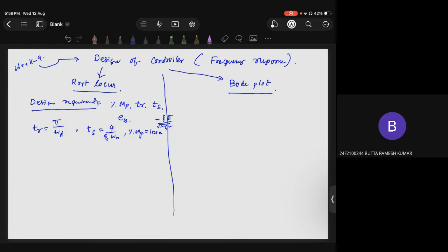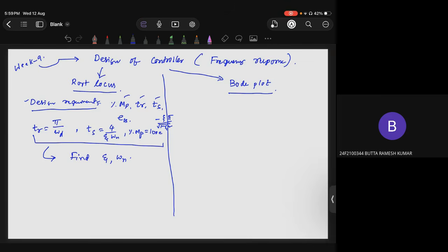Now, using all these formulas, based on the design requirements, since the design requirements are fixed, these values are given to you. Then we will find zeta and omega n using these equations.